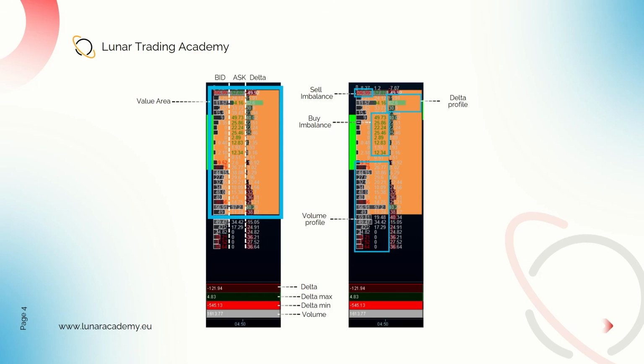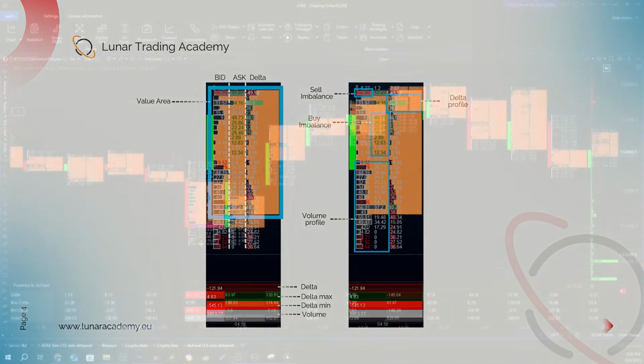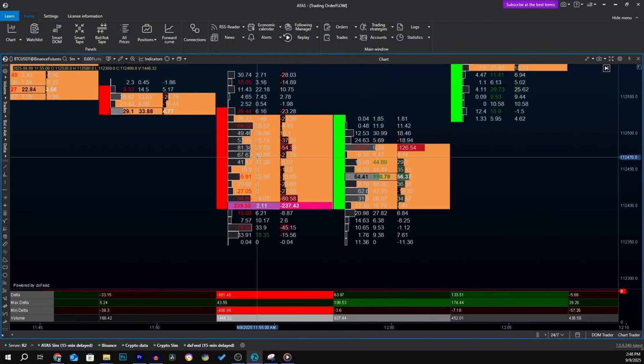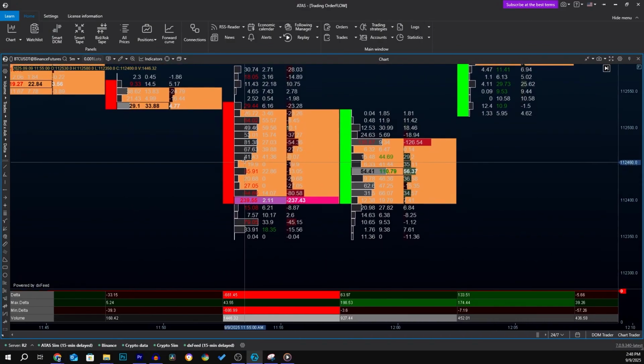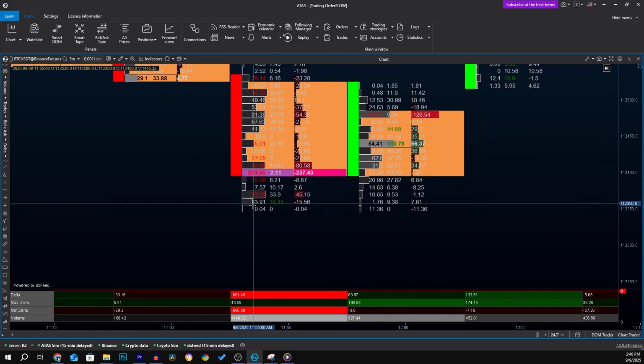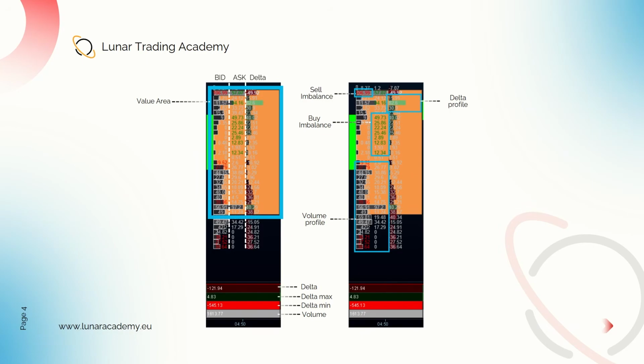Sell imbalance indicates dominance over buyers and buy imbalance indicates dominance over sellers. Imbalances are covered in more depth in the following videos, so definitely go watch them. And then we have the volume profile for the specific candle. The volume profile shows how the volume was distributed through the specific candle. So this is the footprint and the aspects we monitor.